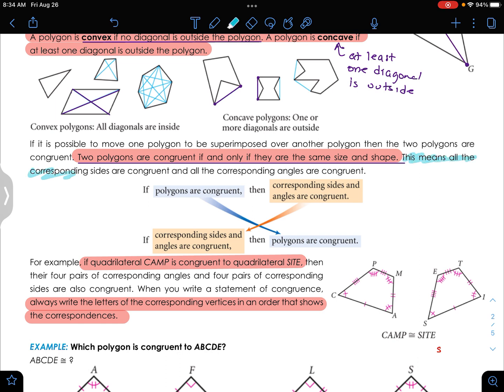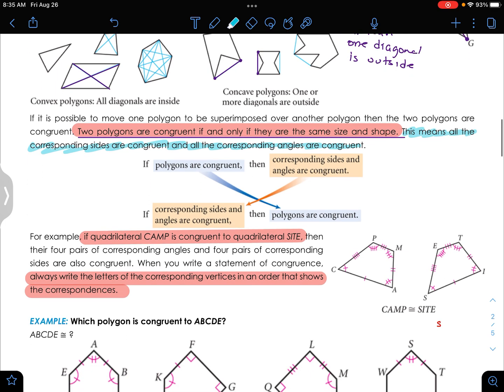All corresponding sides are congruent, and all corresponding angles are congruent. Since it's an if and only if statement, it allows us to switch the order. If polygons are congruent, then all corresponding sides and angles are congruent. But that also allows you to say if corresponding sides and angles are congruent, then polygons are congruent.